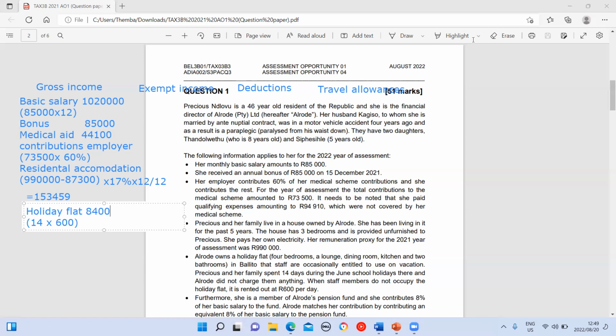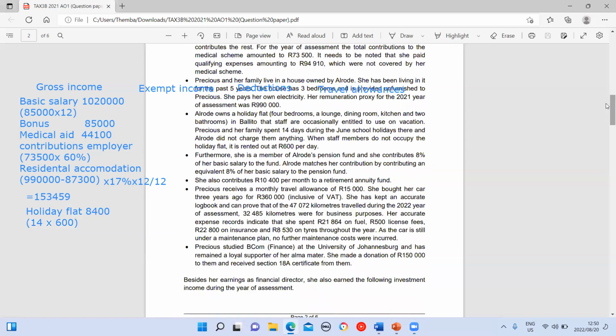Furthermore, she is a member of Arnold's pension fund, and she contributes 8% of her basic salary to the fund. She contributes herself. And Arnold matches her contribution by contributing an equivalent 8% of her basic salary to the pension fund.